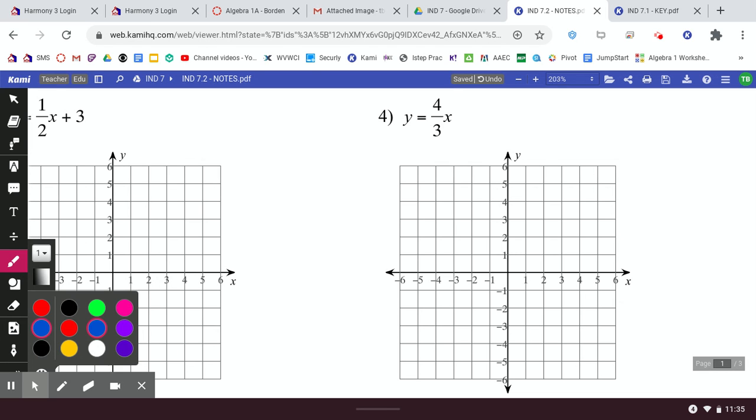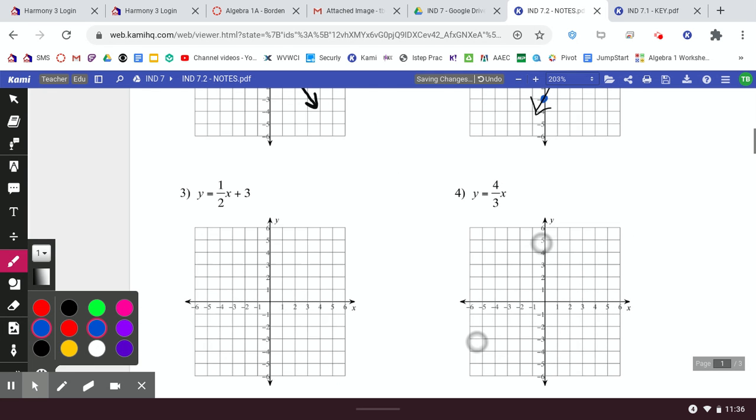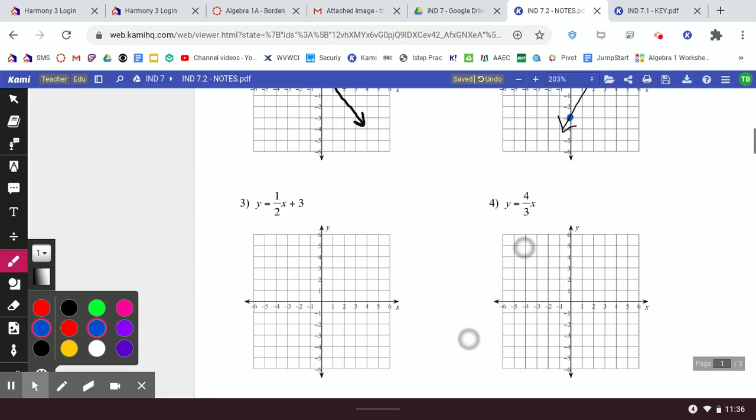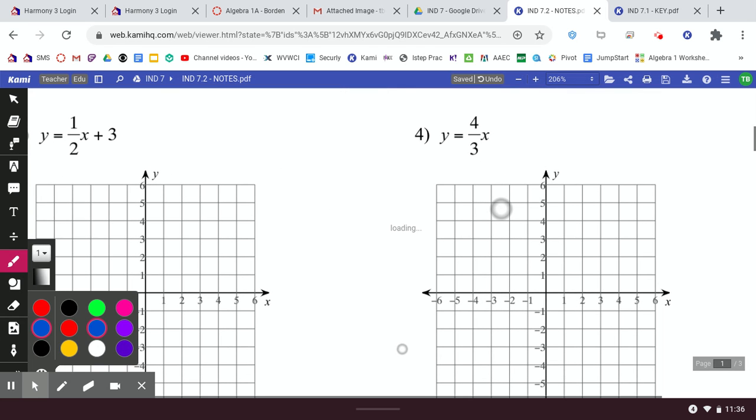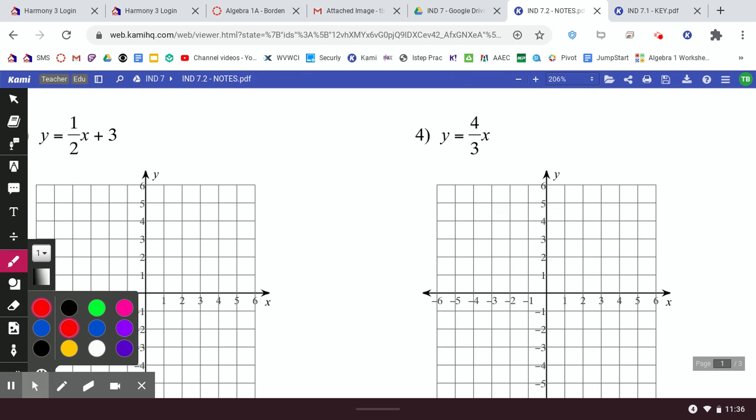Anytime a line has both, and I don't care if it's in standard form, point slope form, slope intercept form, if it has an x and a y, it's going to be a diagonal line of some grade, right? It might be a really steep one. It might be just barely an incline or decline, but it is going to be a diagonal line. And it is going to have an m and a b. It has to.